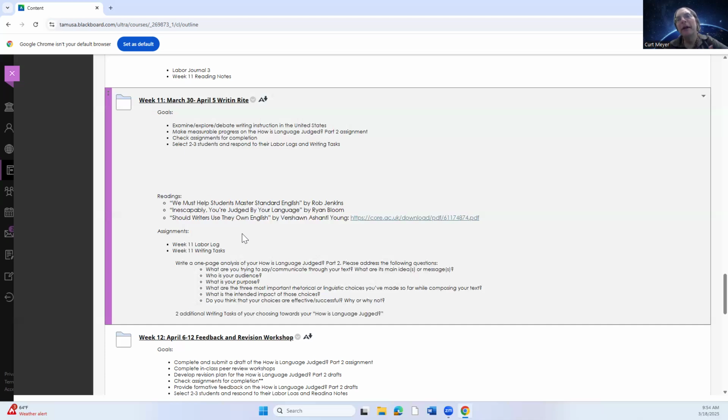This unit, this project really is delving into that. And ultimately, you as students, you as scholars, will come to your own decision about what that means for you, what that looks like.